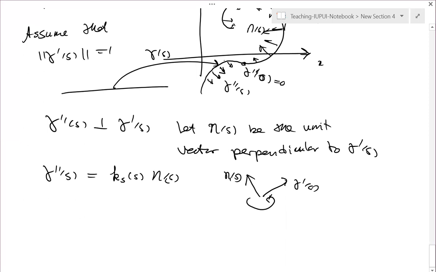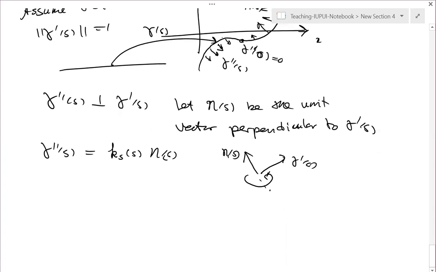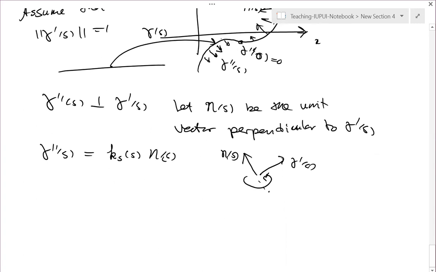It's proportional, but it's possible that the second derivative is in the other direction. In this case, the curvature will be negative. This is called the signed curvature.